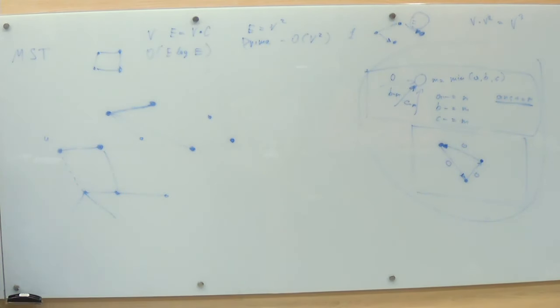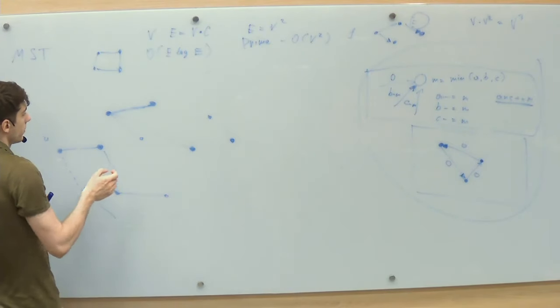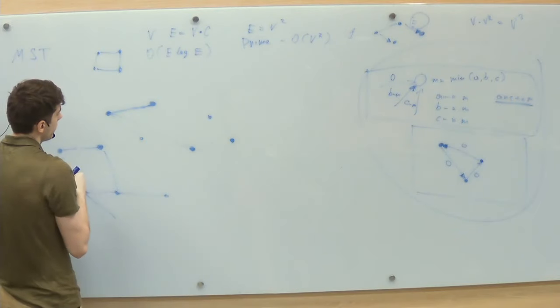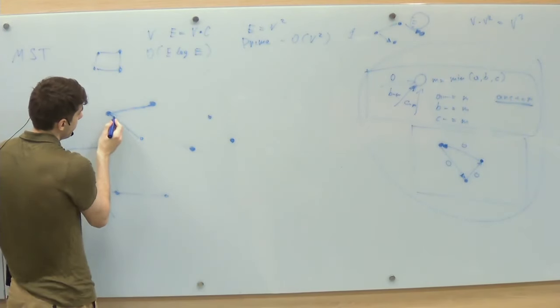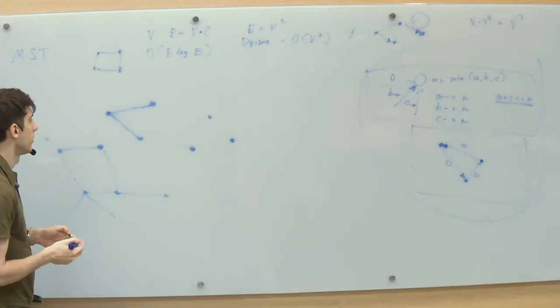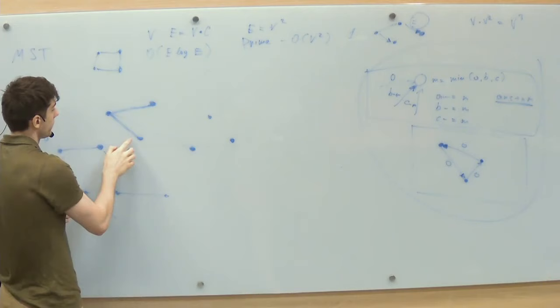But in the algorithm, let's say that we will pick the edge by the minimal weight, and if there are several with the same weight, we will just pick the one with the smallest number of the neighbor.